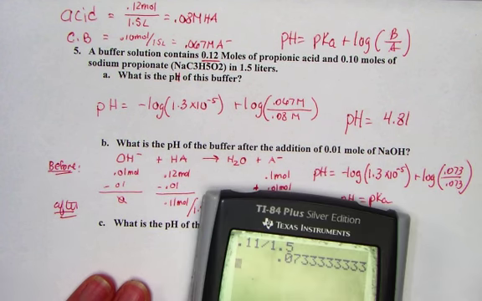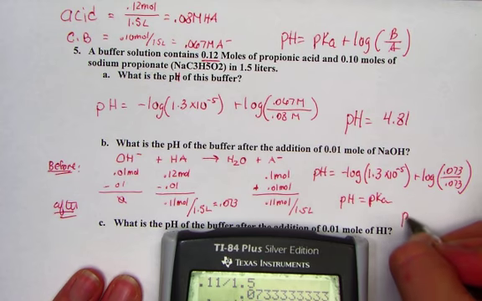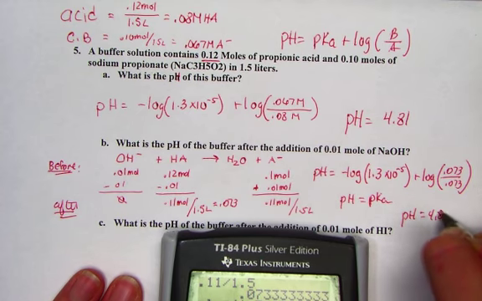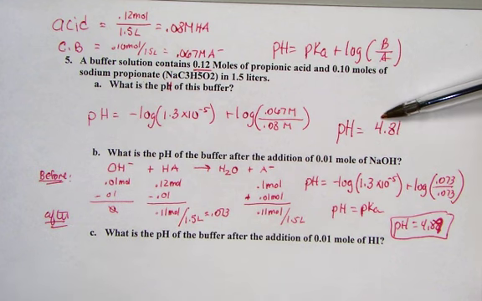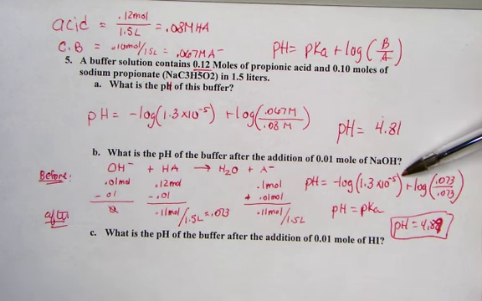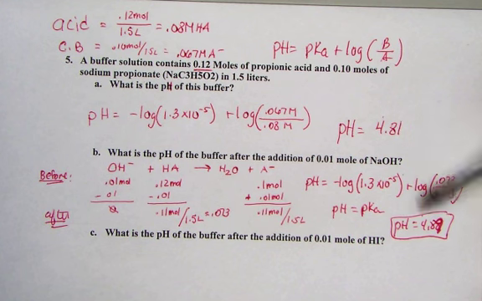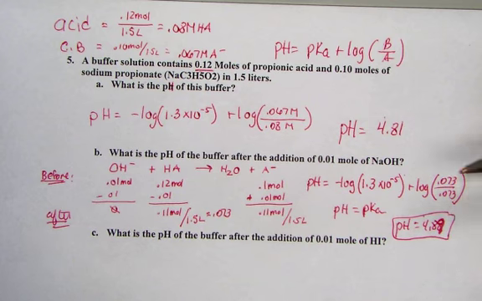So we'll hit negative log of 1.3 E negative 5, and our solution now has a pH of 4.89, rounding better. So here's what's happened. The buffered solution started at 4.81. We added a strong base, and it budged a little. It went from 4.81 up to 4.89 pH units.